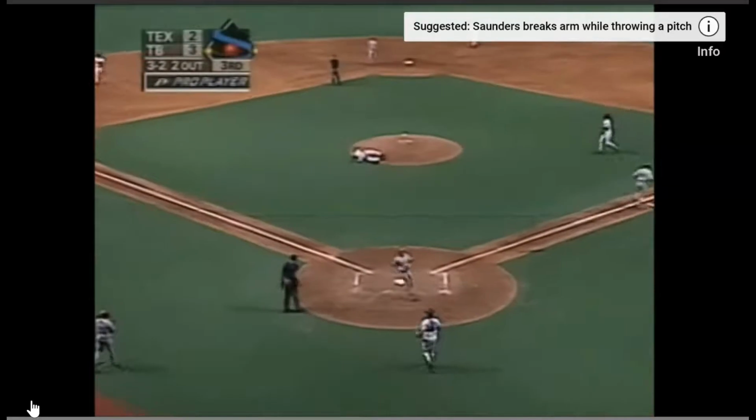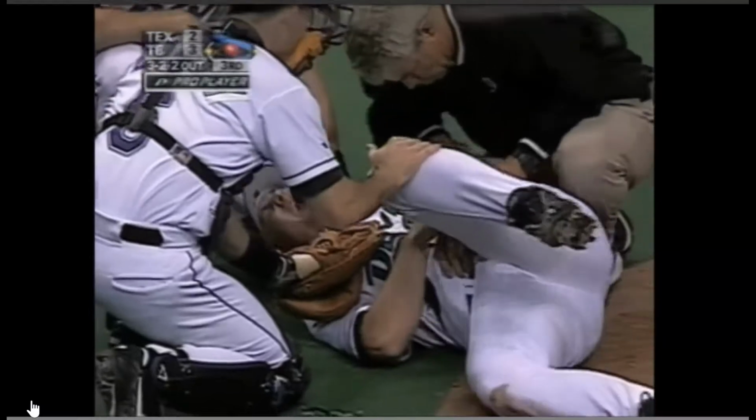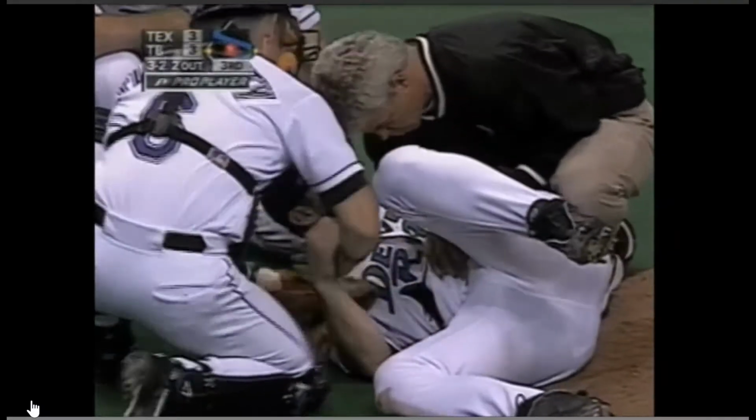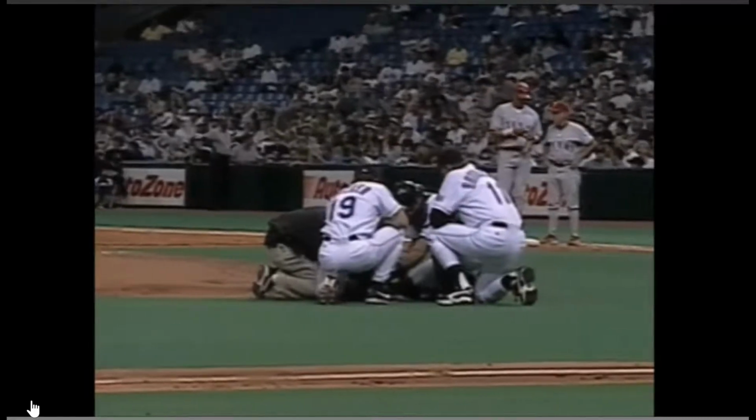From third is Alicea. It's ball 4 and Saunders is hurt. A wild pitch because something in his arm snapped. Saunders down on the field writhing in pain. That ball flew out of his hand and went way wide of the plate to the backstop. Jamie Reed, the trainer, out there. John Flaherty is holding Tony Saunders' right fist. It is clenched.